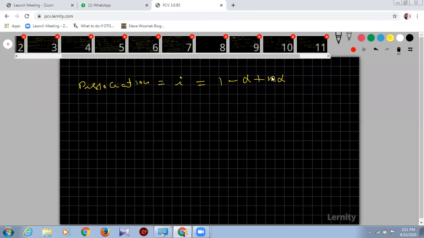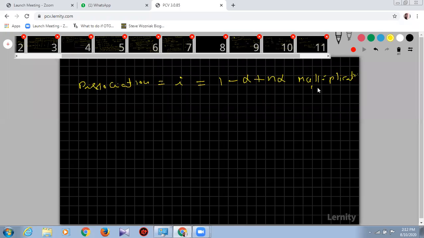In the dissociation, the 1 will become n, that's why I'm multiplying. Here I'm doing multiplication to alpha.